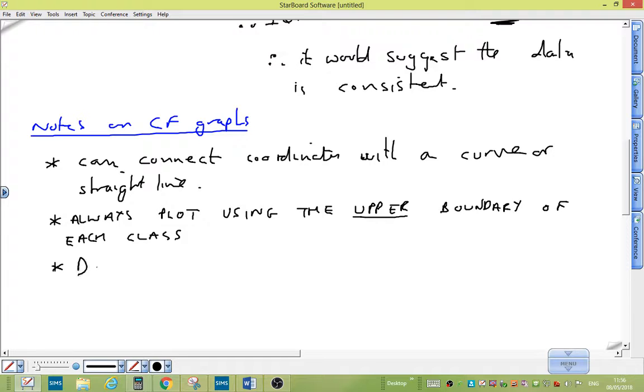Next bullet point, don't need to connect a graph down to the horizontal axis.